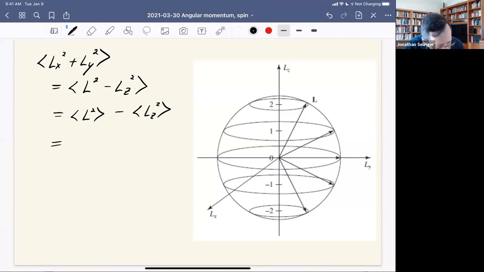So this is h bar squared l(l+1) minus h bar squared m squared. The important thing to notice about this expression is that it's always positive. It's never 0.